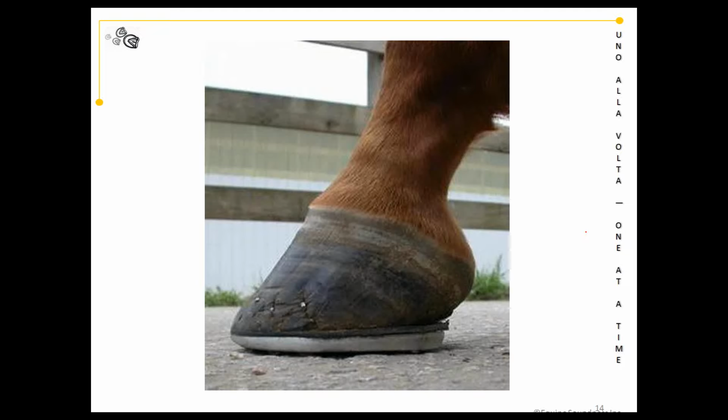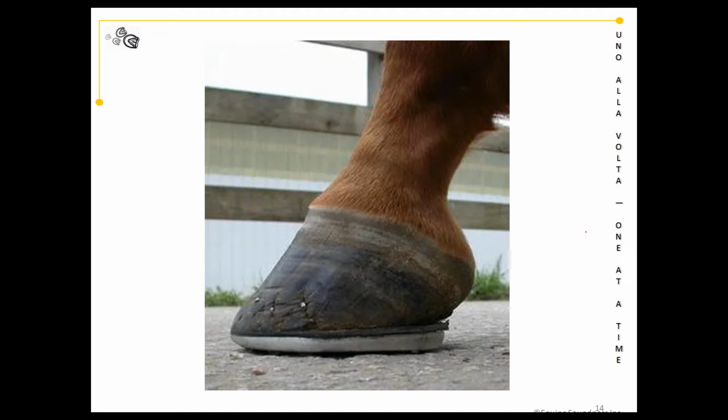And my experience is that when a horse has been medicated for quite a while, or had a nerve neurectomy, and still be ridden, the inflammation actually never goes away.